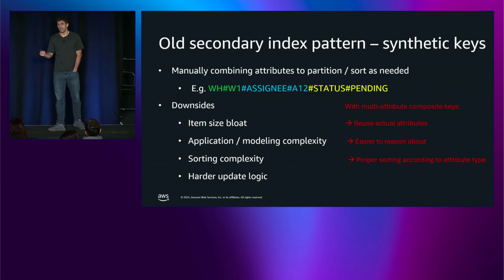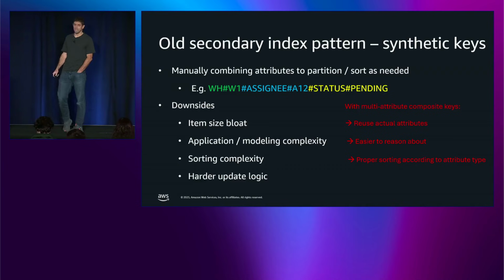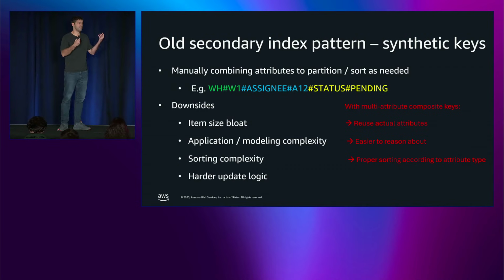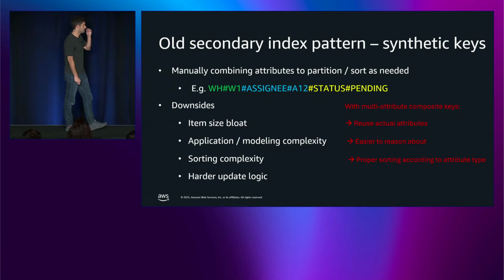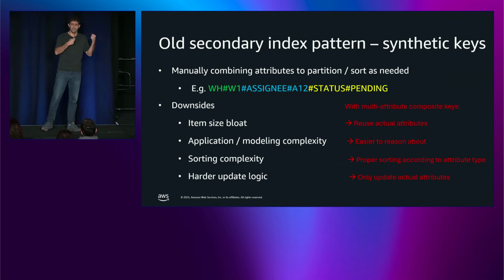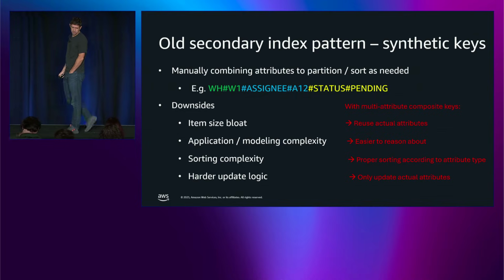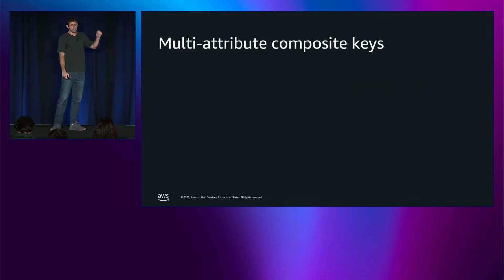We don't have that sorting complexity. If one of my partition or sort key attributes is an integer, it sorts like an integer. It doesn't sort like a string, so you can just do normal sorting on it. And then my update logic is a lot easier because, again, I'm only updating the actual attributes in my table. They're handling all the work for that. So that's the old pattern, why this is better.